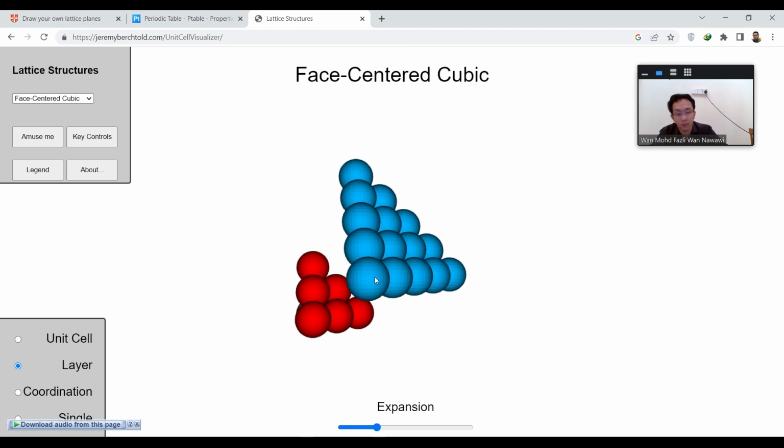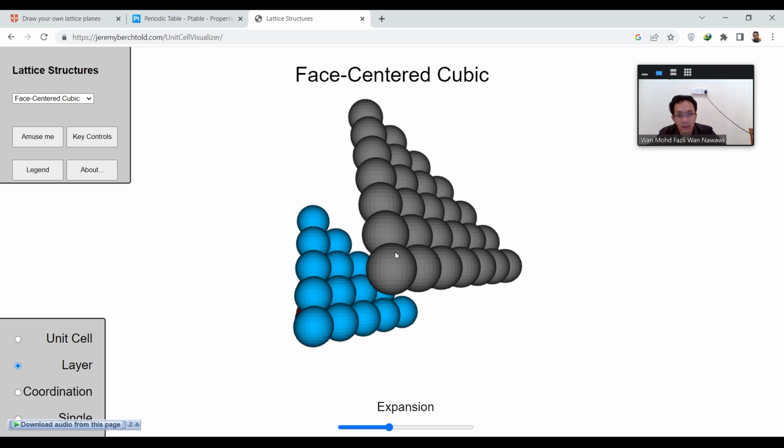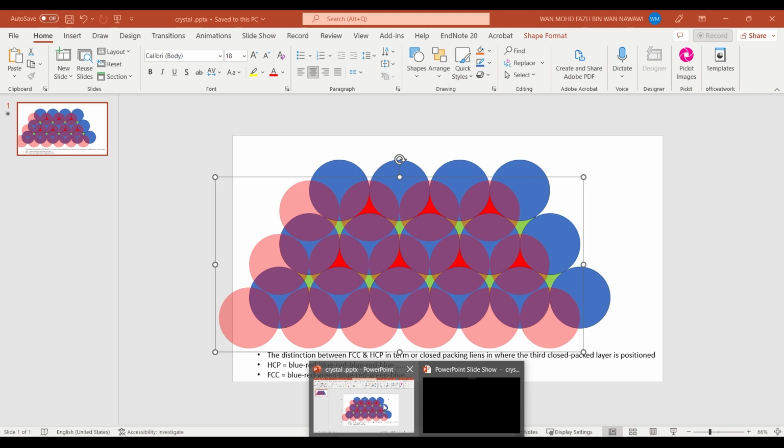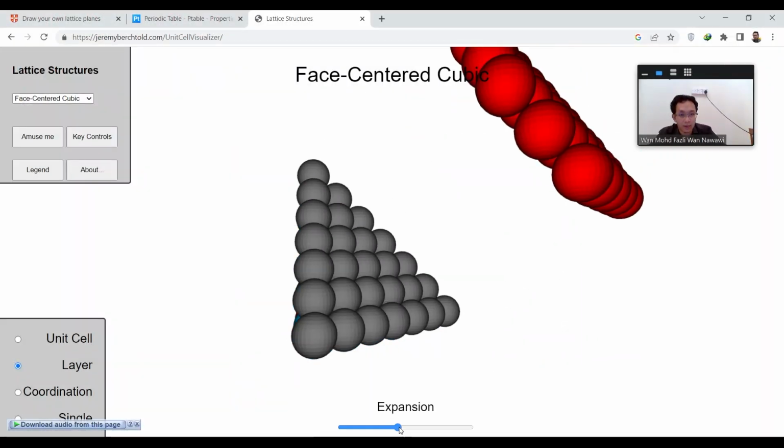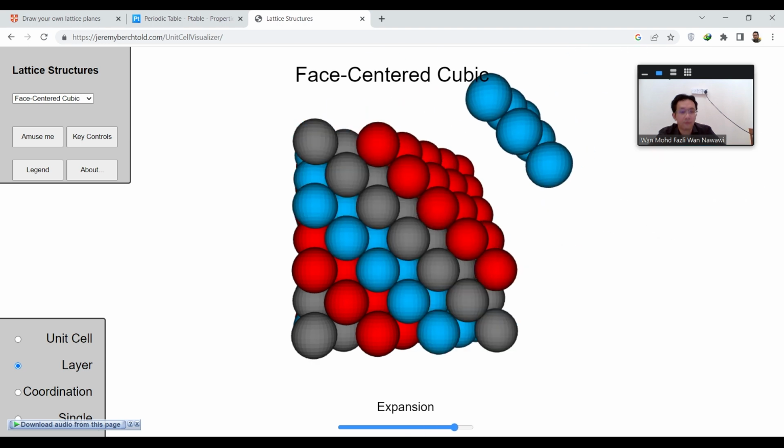This blue will go in between the holes, so it will go there, and then this gray layer will cover the other hole, the one that we showed before. It will cover the green hole there. So it will go and cover like that.